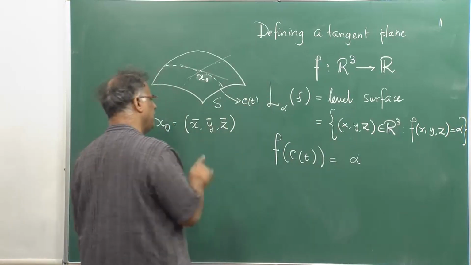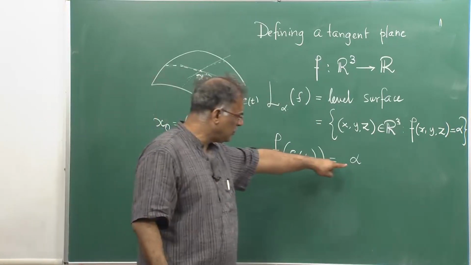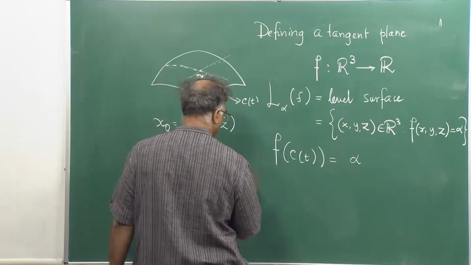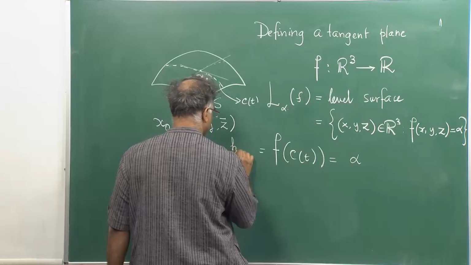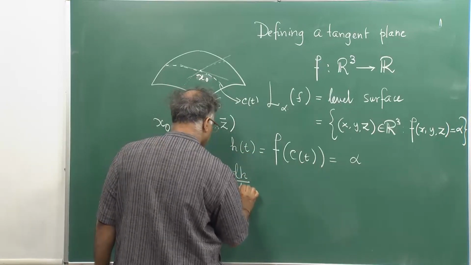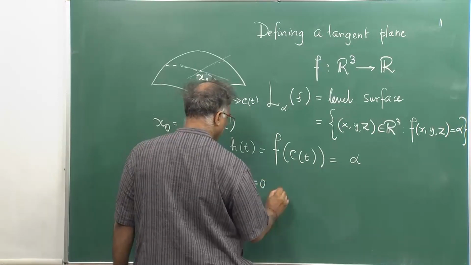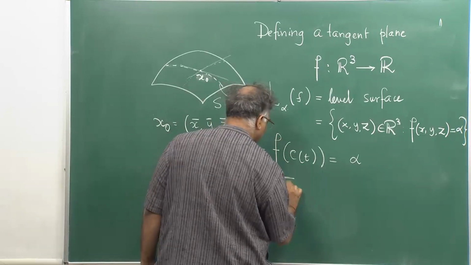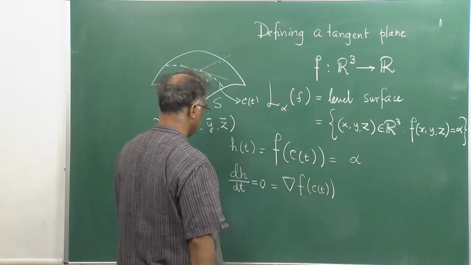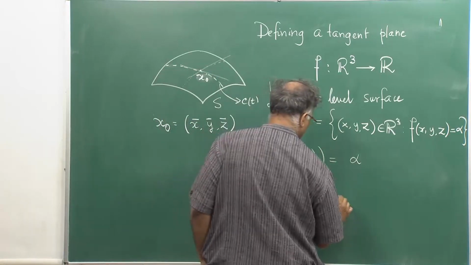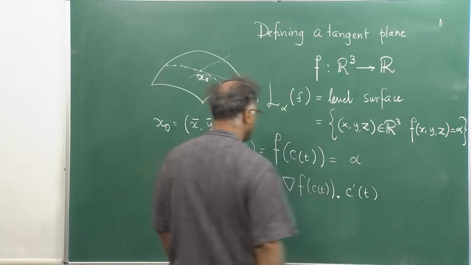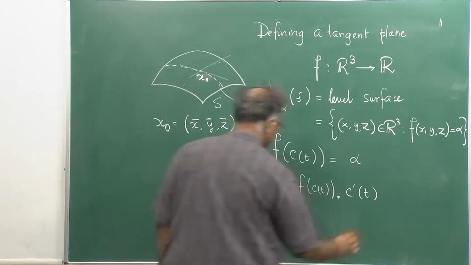If I take the derivative with respect to t, I will have 0. So, if I call this h(t), I know that dh/dt is equal to 0, and by the chain rule dh/dt is grad f of C(t) dot c dash t, and that is equal to 0.